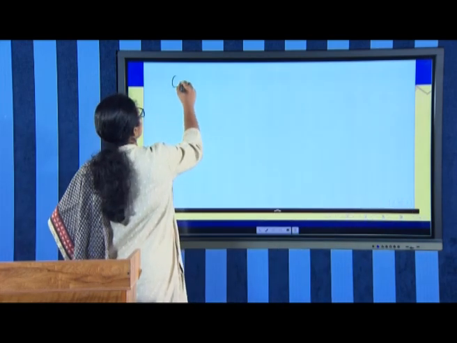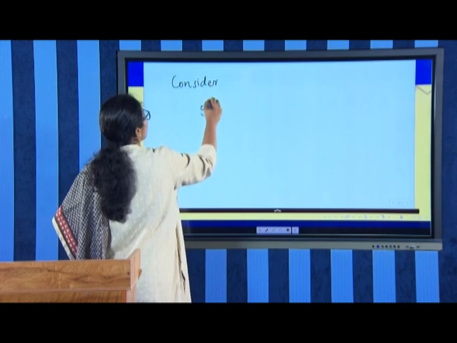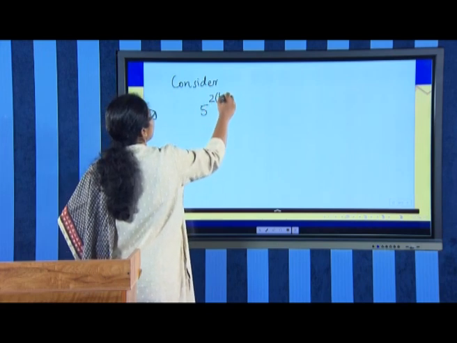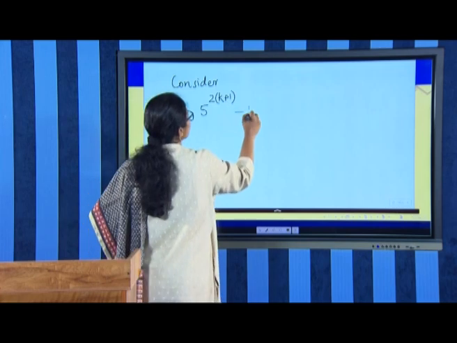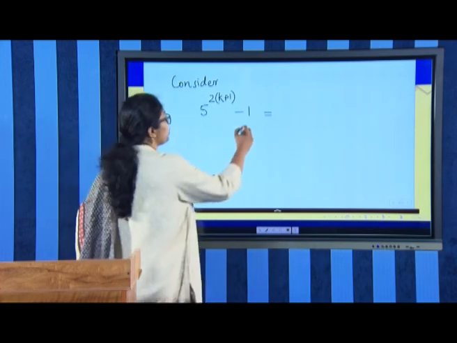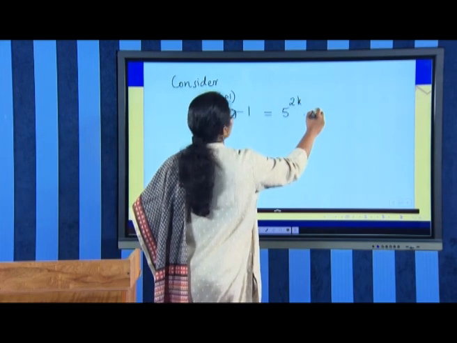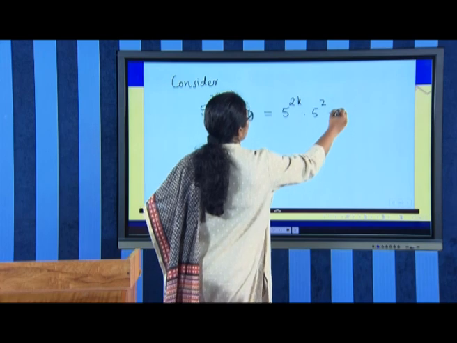So, consider 5 power 2 into k plus 1 minus 1. So, that is equal to 5 power 2k into 5 square minus 1.